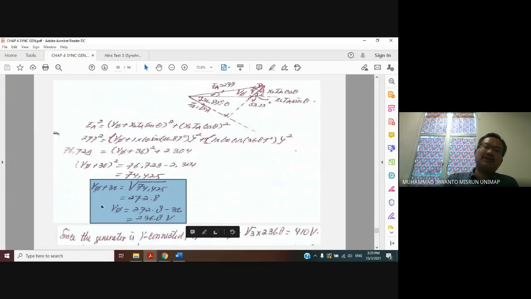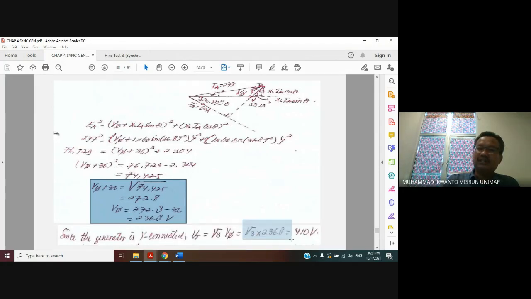And then remember, it is phase voltage. The question is terminal voltage. Terminal voltage means line to line voltage. So you have to find the value of line to line voltage. Line to line voltage, equal terminal voltage, is equal to square root 3 times phase voltage.